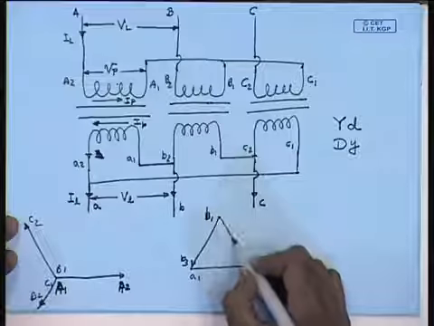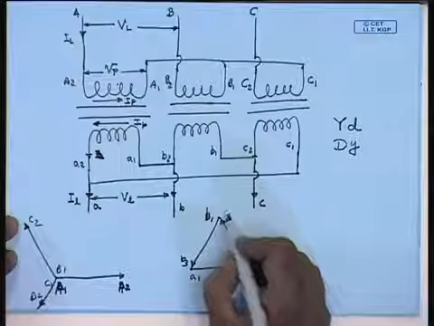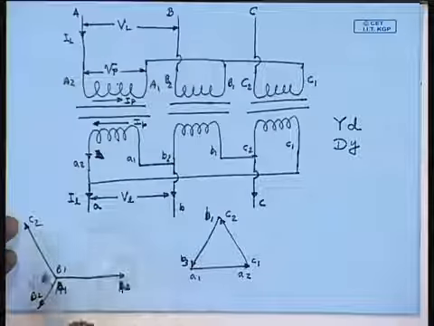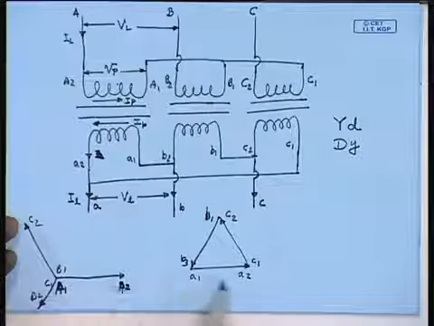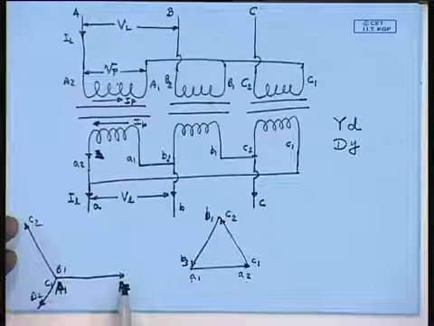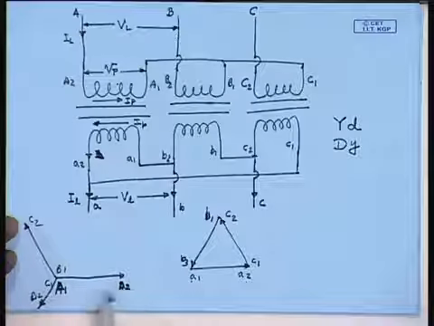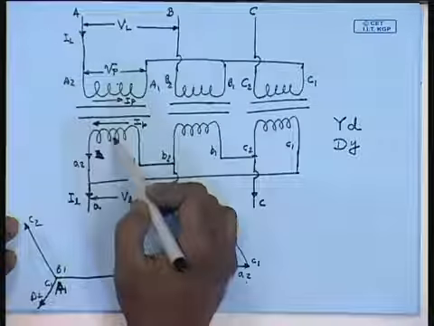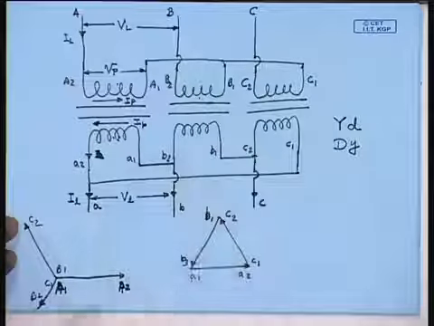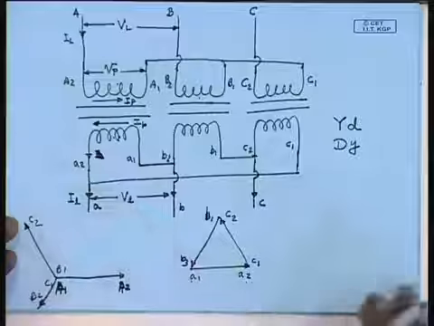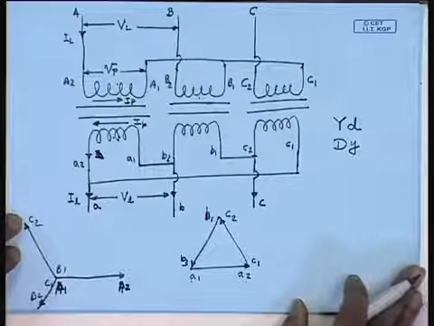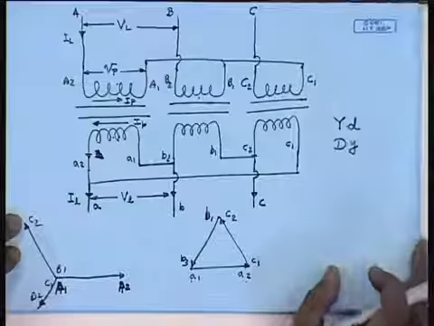So, this will be the phasor c2 c1. So, we see that the voltage a2 to a1 is parallel to the voltage V capital A2 A1. Since these two are coupled to each other, similarly for other phases. So, this is the phasor diagram of a star delta connected 3-phase transformer.